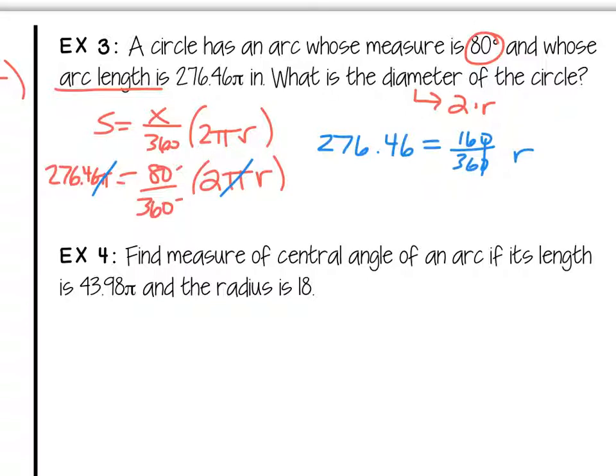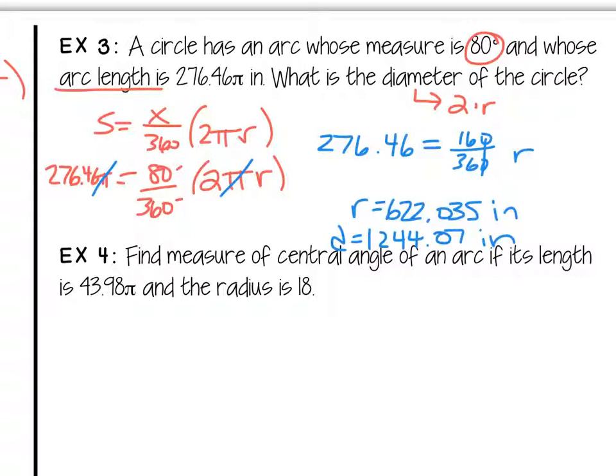And when I get that my radius is 622.035, which means my diameter would be 1,244.07. And this was all in inches, so I guess we should be putting inches.